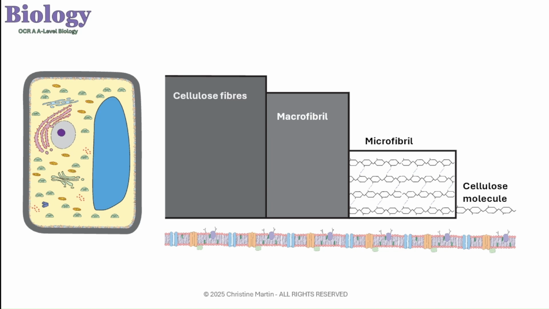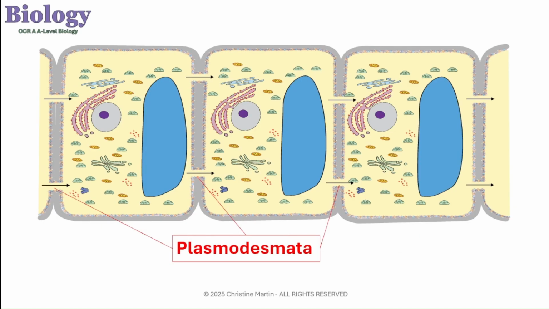In contrast, the plasma membrane, which lies underneath the cell wall, forms a selectively permeable barrier between the cytoplasm and the external environment. Now, it contains transport proteins and therefore regulates the solute movement, helping maintain cellular homeostasis. So, we know that plant cells are connected by plasmodesmata, these tiny little channels crossing the cell walls.